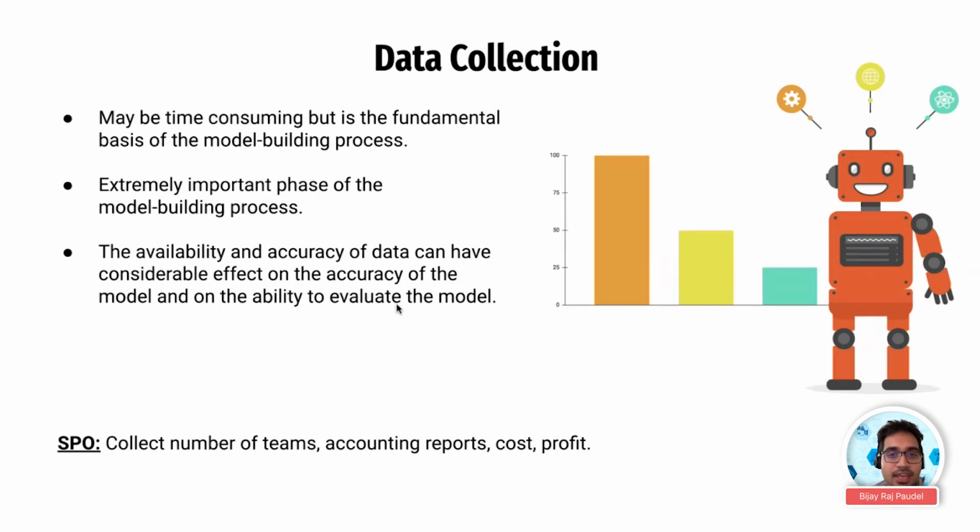And availability and accuracy of this data will determine the accuracy of our whole model. So in our Spiralogics profit optimization task, we will collect the number of teams, we'll collect all the accounting reports from accountants and HRs, all the costs and profits, so we'll have all those data.